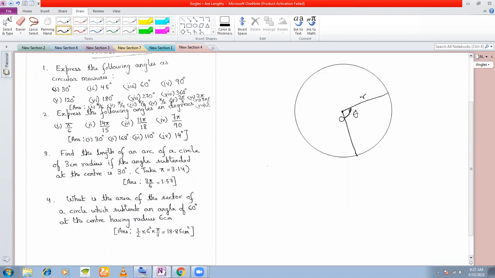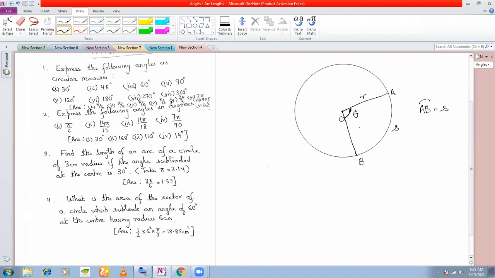Okay, this theta is in radians, and this arc length here is say s. Suppose this is arc AB, say s. Then what is the relation between s, r, and theta?